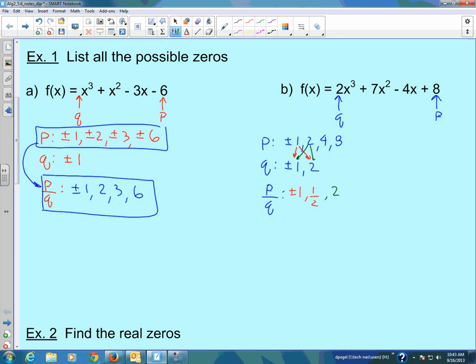And then we have 4 over 1, 4. 4 over 2, well, I've already got that in there. 8 over 1, 8. 8 over 2, I already have the 4. So those are all of my possible p over q's that I can test in synthetic division once again to come up with possible zeros for this polynomial here. So take each p, divide by each q.